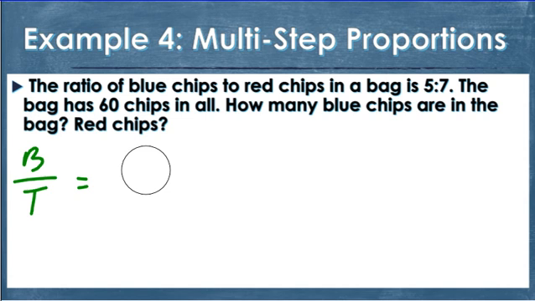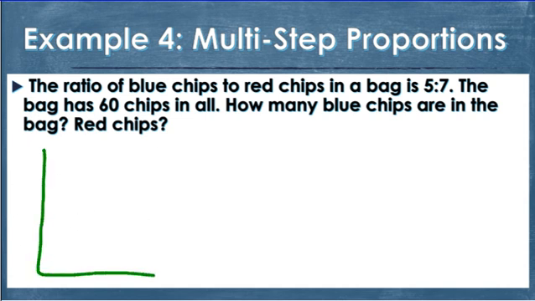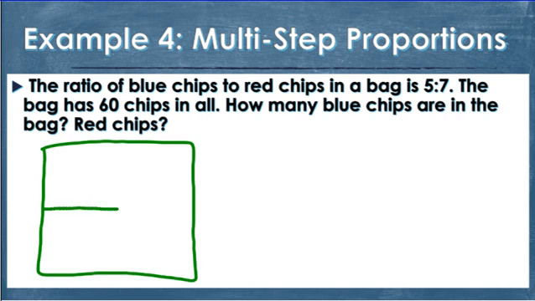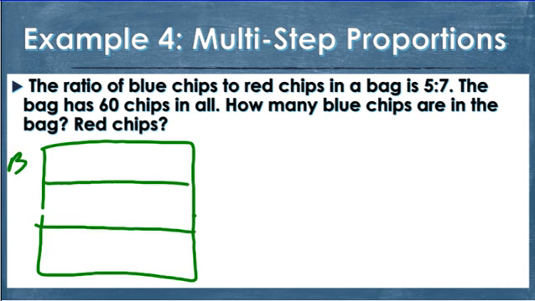But here let's just do something a little bit different. We can do ratio boxes. This might make it a little bit easier to work with. So this is blue, this is red, this is the total.